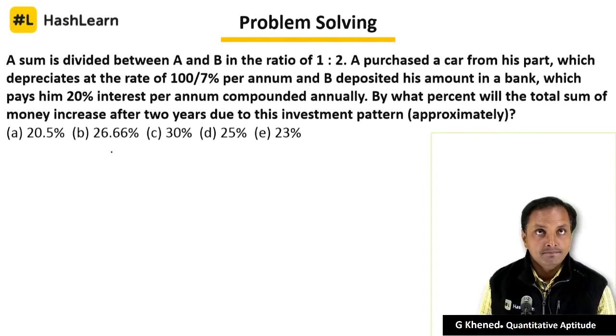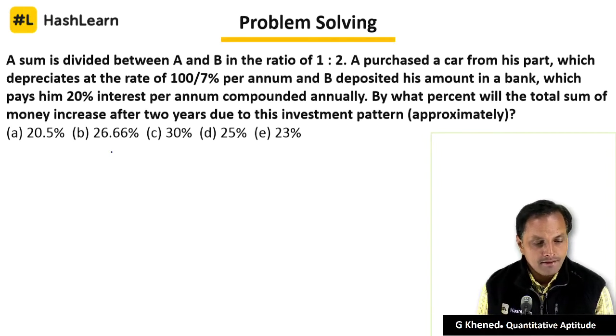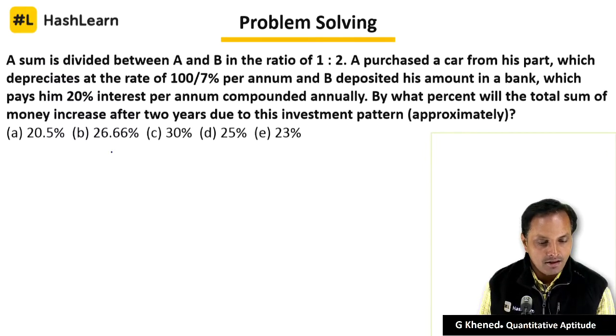The next problem: a sum is divided between A and B in the ratio 1:2. A purchased a car from his part which depreciates at the rate of 100 by 7% per annum. B deposited his amount in a bank which pays him 20% interest per annum compounded annually.